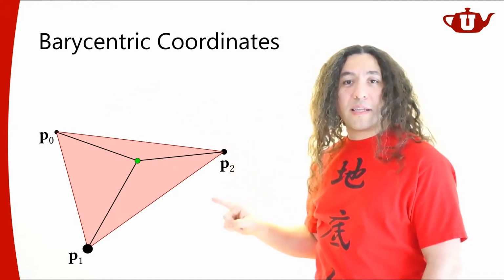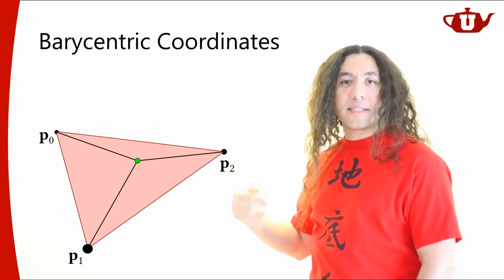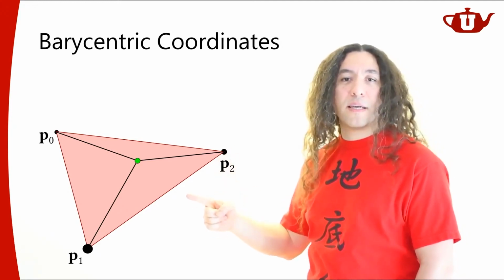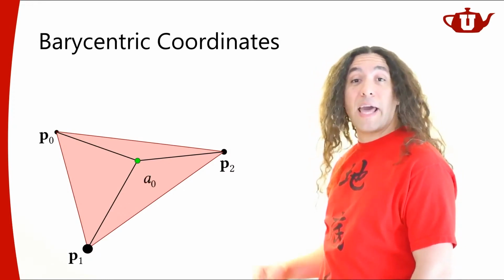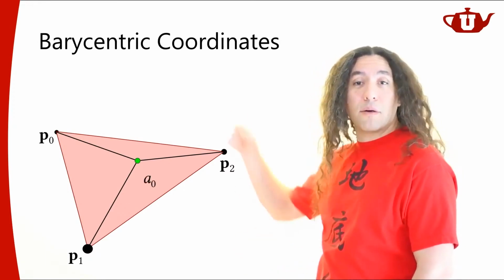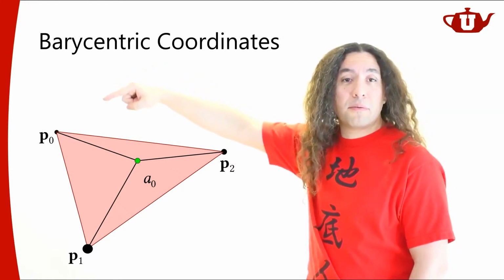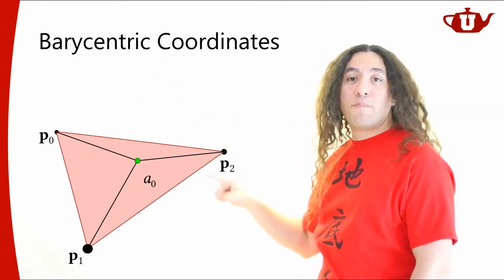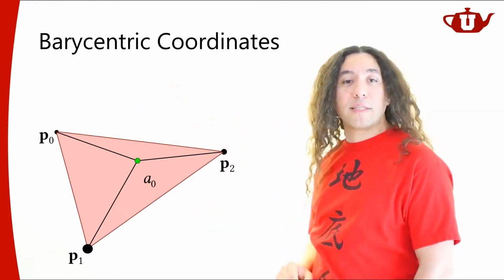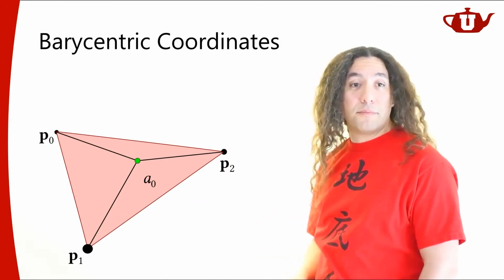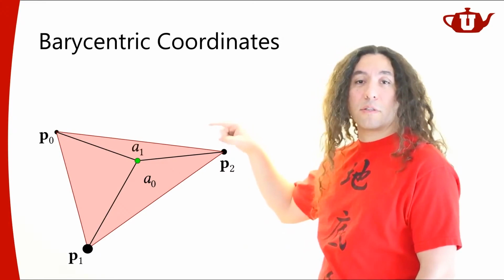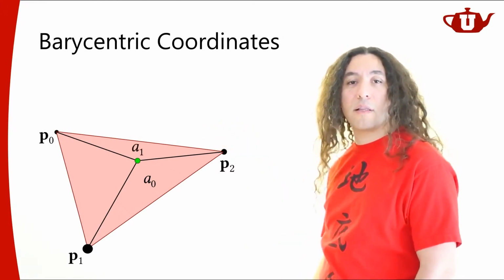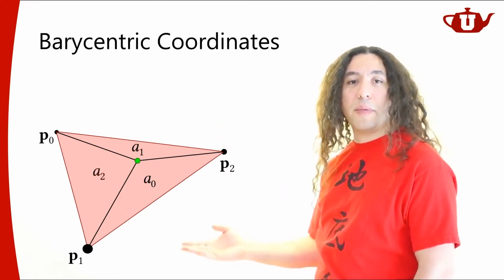So the triangle that is opposing that vertex, I'm going to label its area as A0. I'm going to do the same for the others.